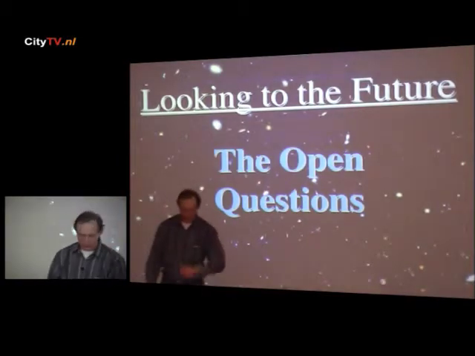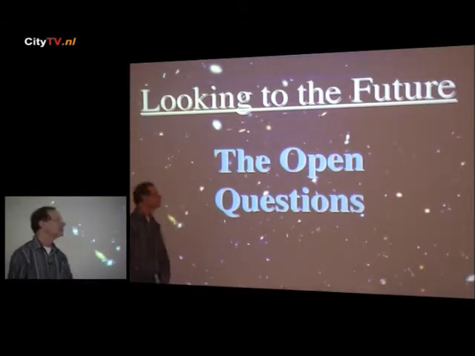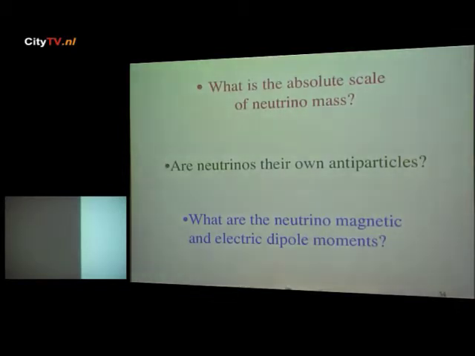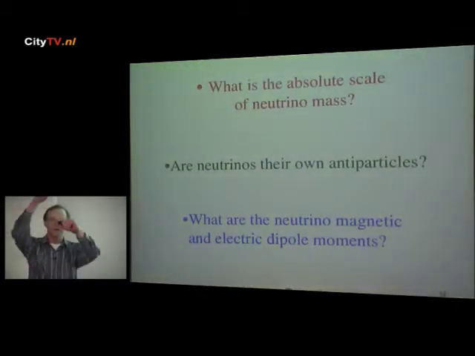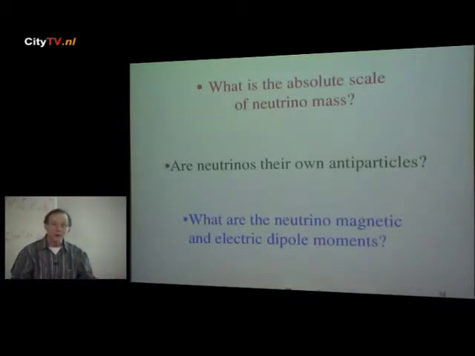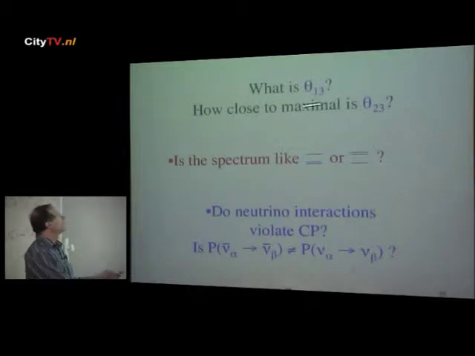Now, what we know has raised some questions. First of all, what is the absolute scale of neutrino mass? How far above zero is the whole pattern? We don't know that yet. Are neutrinos, unlike the quarks and the charged leptons, their own antiparticles? What are the dipole moments of neutrinos? What is this angle theta 1,3 on which CP violation depends?